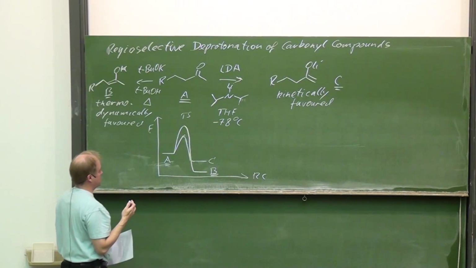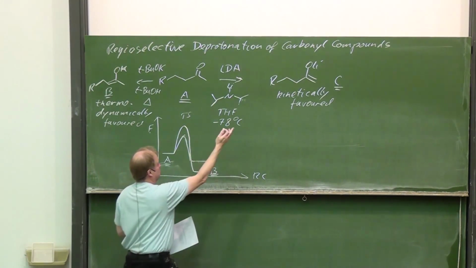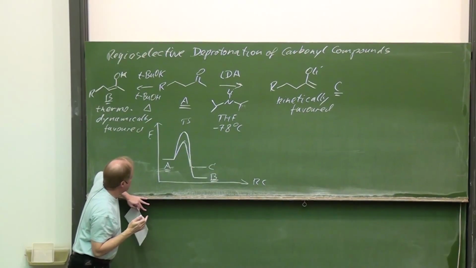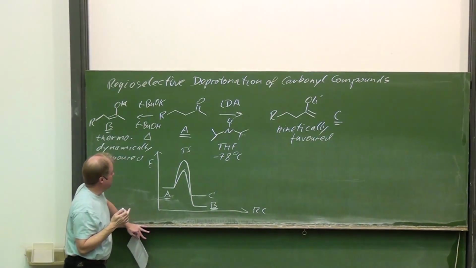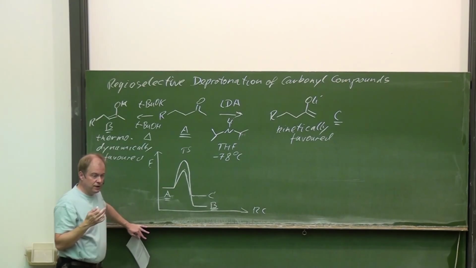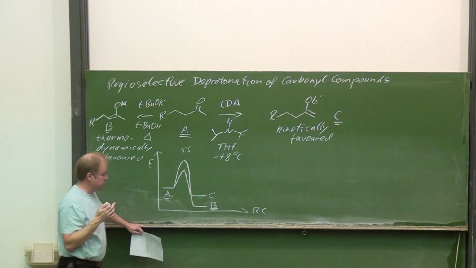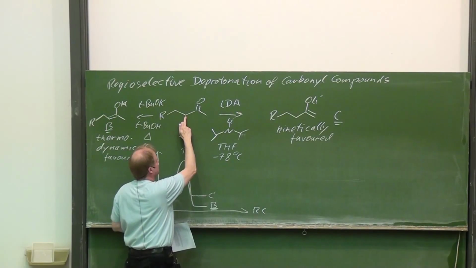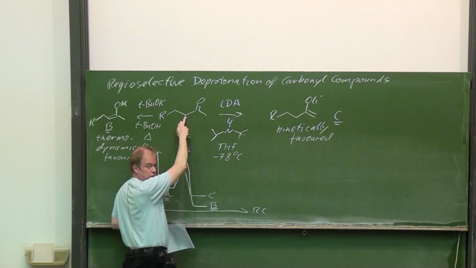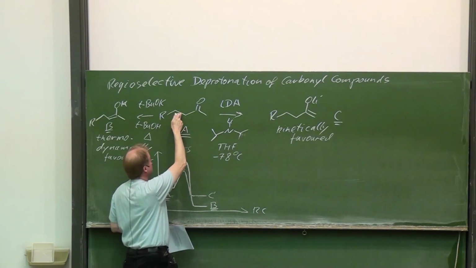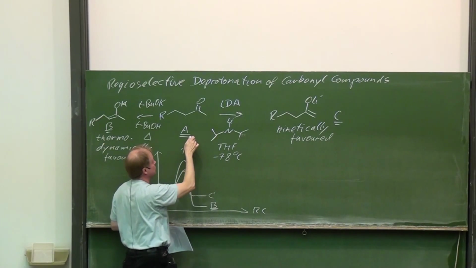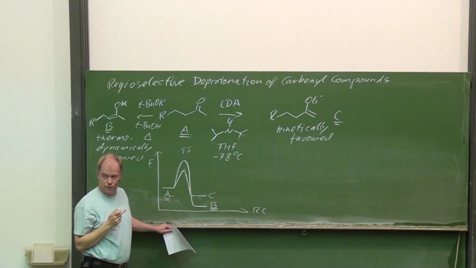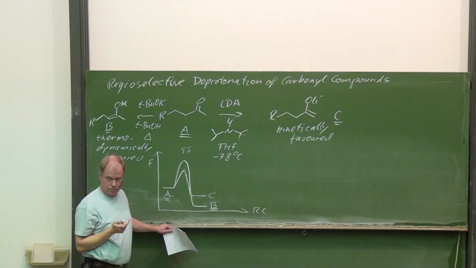Well, what makes this product kinetically favored? Simply, as the main reason, steric hindrance. The steric hindrance is higher at this position, because of the additional substituent here, compared to the steric hindrance at the terminal methyl group.